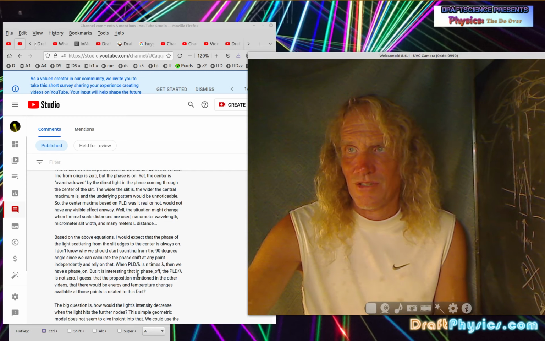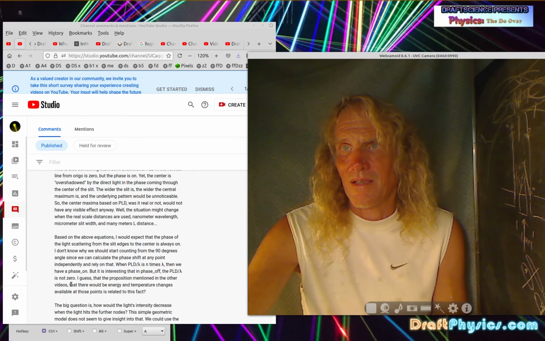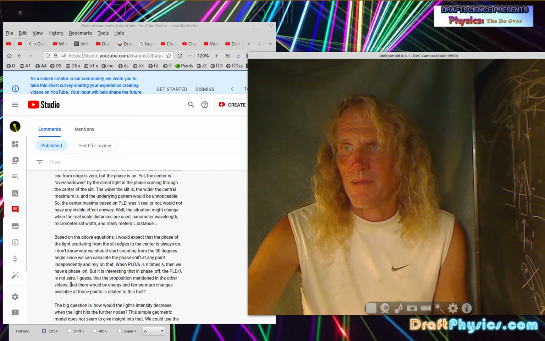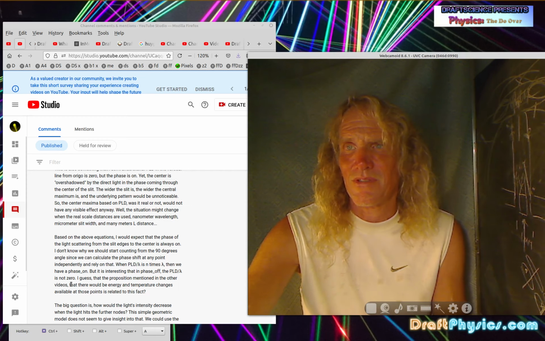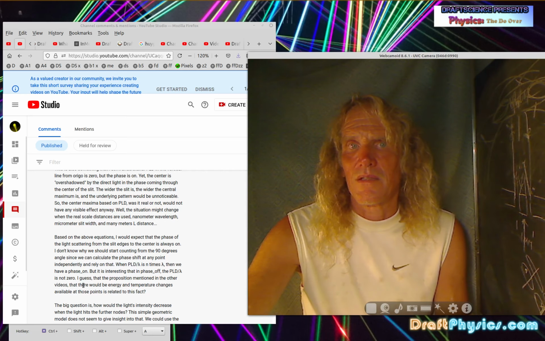But it is interesting that the phase off, the PLD phase, is not 0. The PLD divided by lambda is not 0. I don't know, I mean 0 is sort of irrelevant because 0 would mean you don't have any wavelength difference. There's no slit.